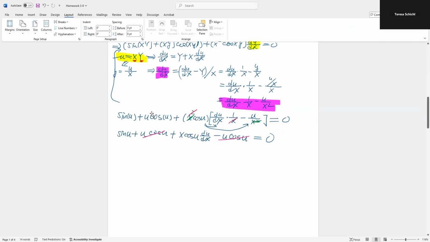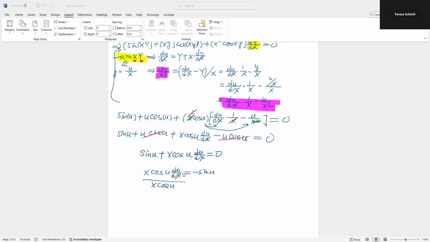All right, so now we have sine u plus x cosine u du dx equal to zero, right? Now I can move the sine u, so this is x cosine u du dx equal to negative sine u. Now I divide both sides by x cosine u.